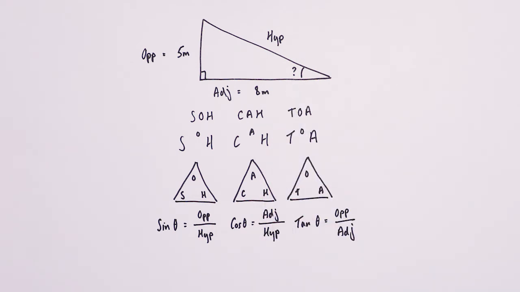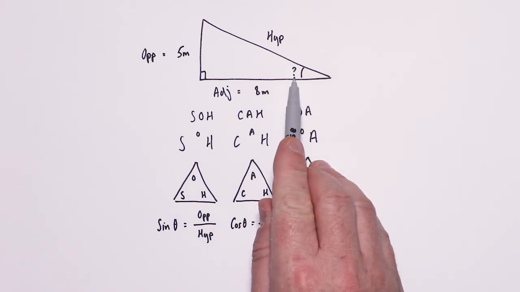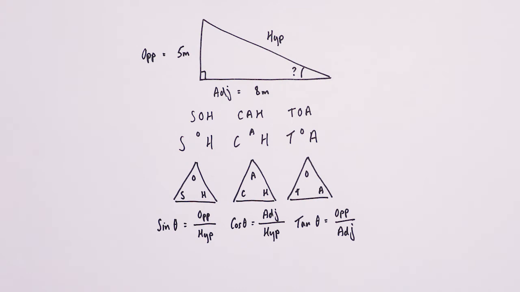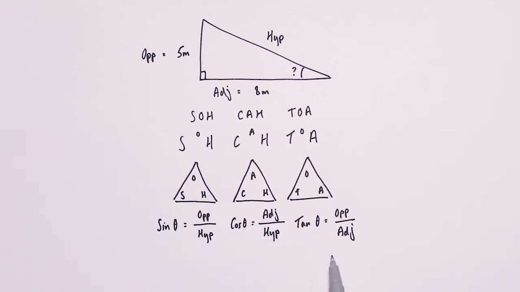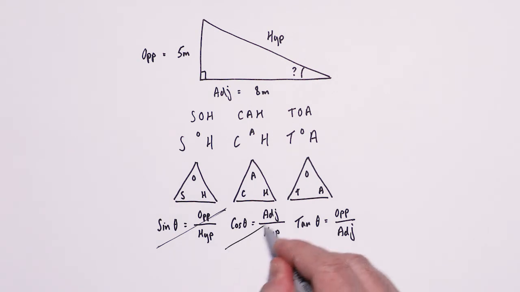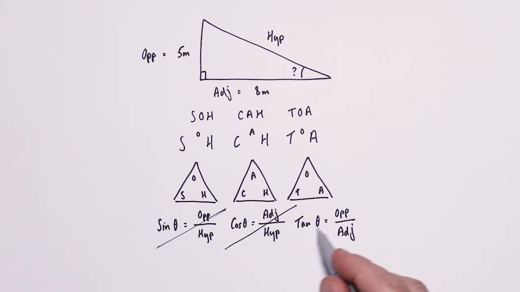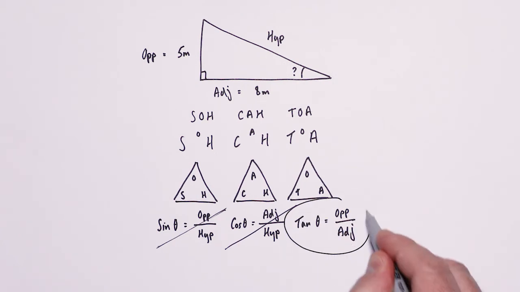Let's do it. So we need to find that angle. What information do we have? Well, we don't have the length of the hypotenuse. We have the length of the opposite and adjacent. So which one of our equations here has opposite and adjacent in it? This has opposite hypotenuse. That can't be it because we do not have the hypotenuse. This also has hypotenuse, so that can't be it. This, therefore, must be the equation that we're going to use.